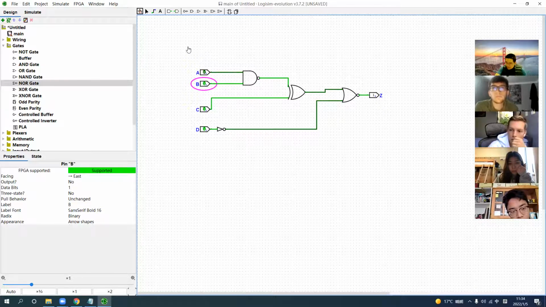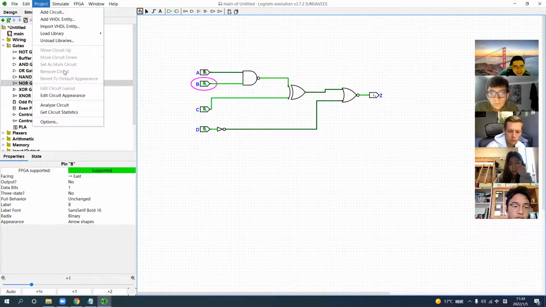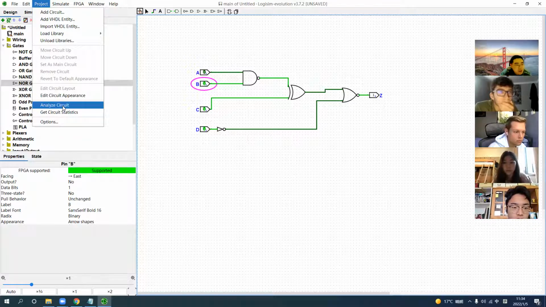But of course, it's still so tiresome to do a simulation one by one. So what you can do is here, Project, Analyze Circuit.